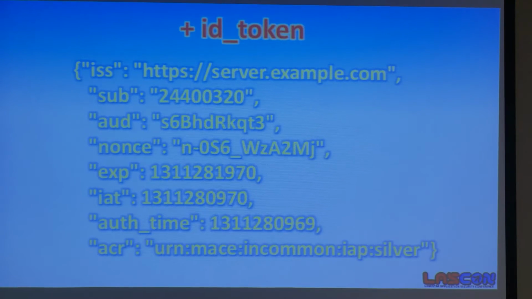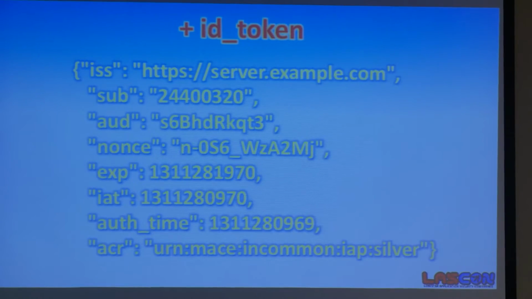So in OAuth 2, we have the access token and the refresh token. In OpenID Connect, there's the ID token. And the ID token tells you the details about what type of authentication happened. So who issued this token? In SAML, that would probably be the entity ID of the IDP. The subject is the user.